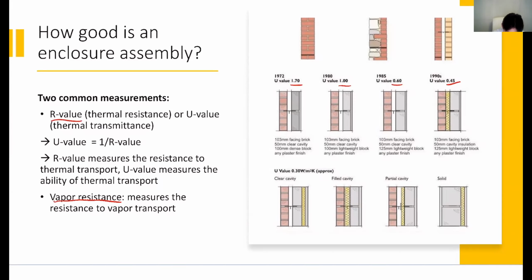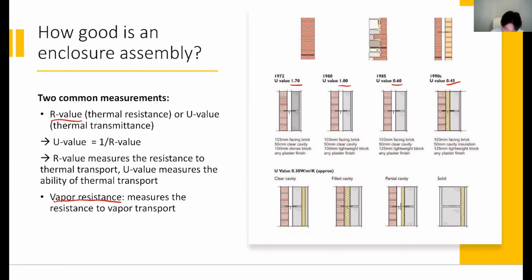The leftmost example is just a brick and a concrete, so it doesn't have any insulation. You just have an airspace between them. You can argue that's kind of like insulation, but it's not really a good insulation.